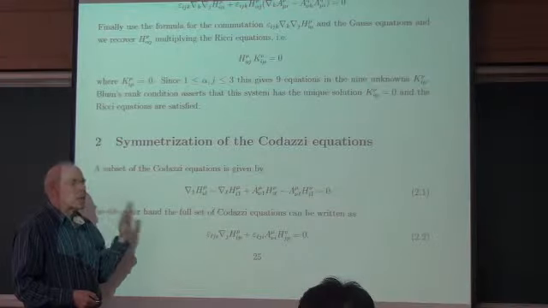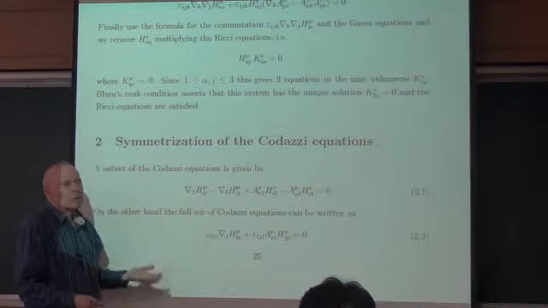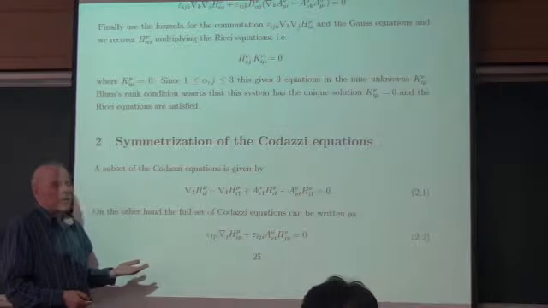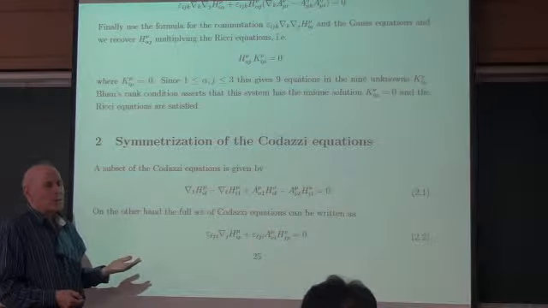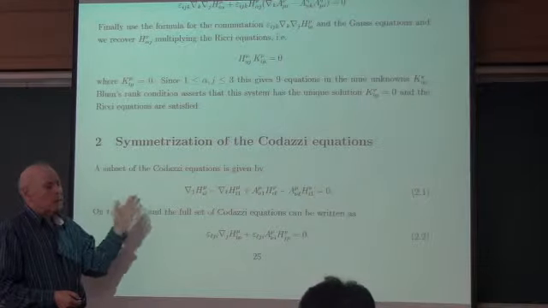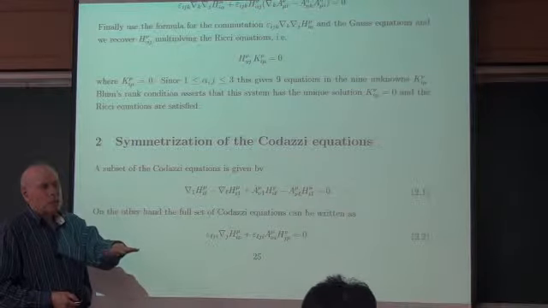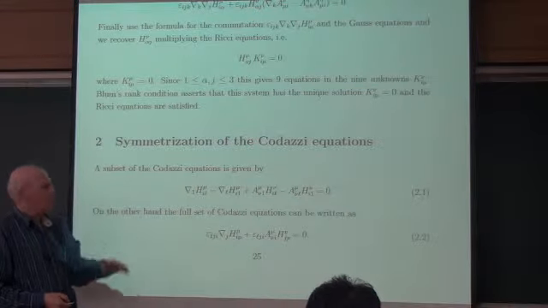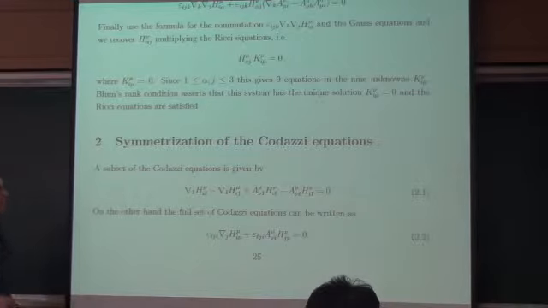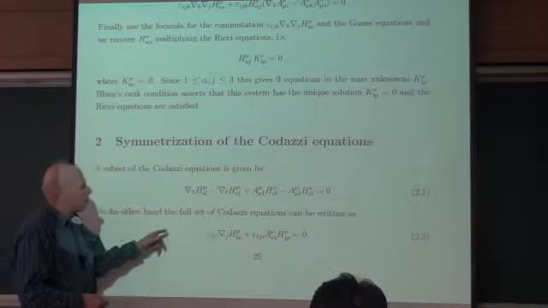People in conservation laws, PDE people, are usually used to doing things with divergences, because that's how the laws of mechanics are given, in terms of divergence. Whether it be the heat equation, the divergence of the heat flux equals the heat production, the time-dependent part. So I want to switch curls to divergences. So how do I do that?